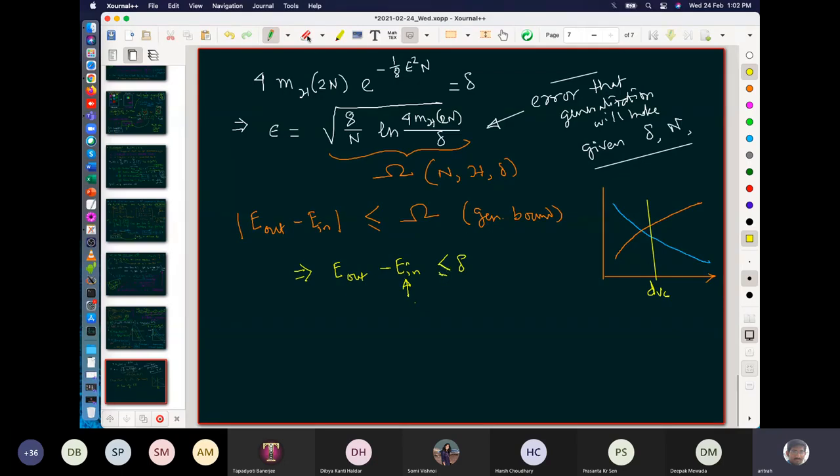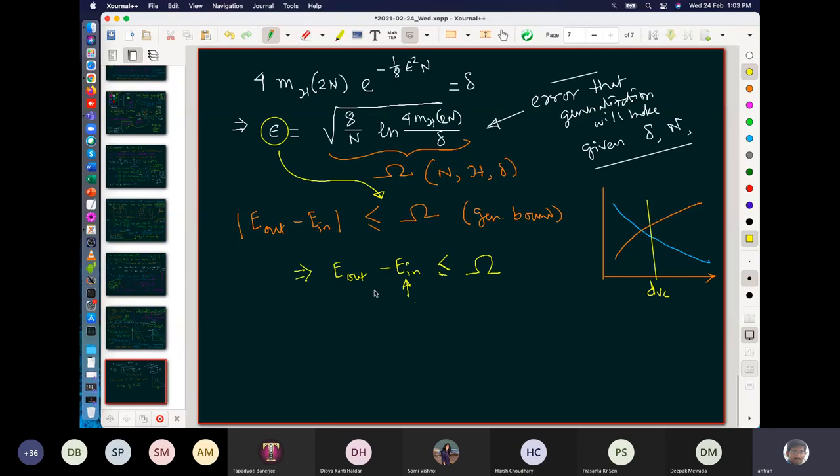And I want to generalize it with respect to a certain bound, which is called a generalization bound. So that is the gap that I would like to foresee in my learning, and I will try to reduce this gap or the probability there. So epsilon, remember, epsilon is the error between E in and E out that I want to reduce.